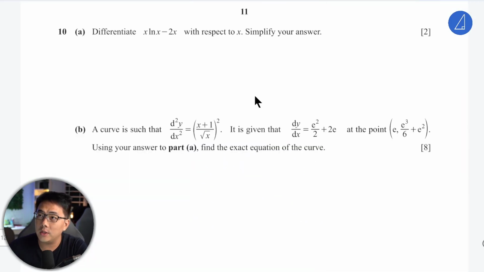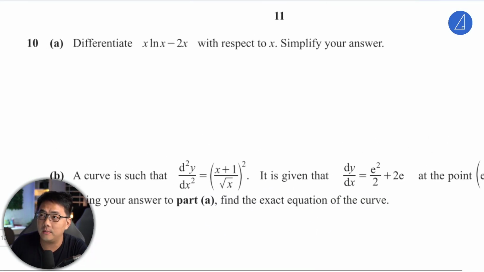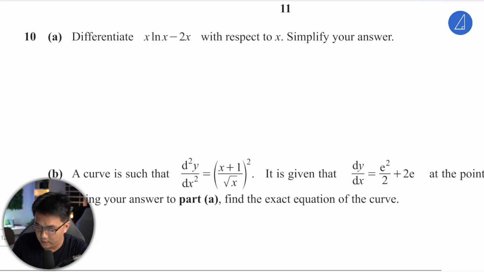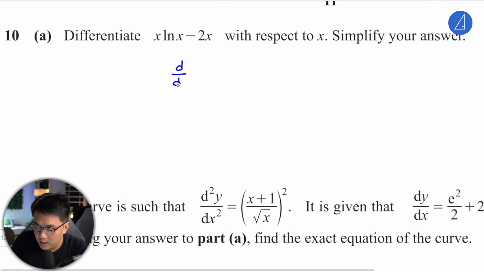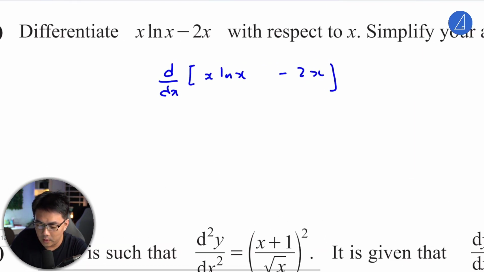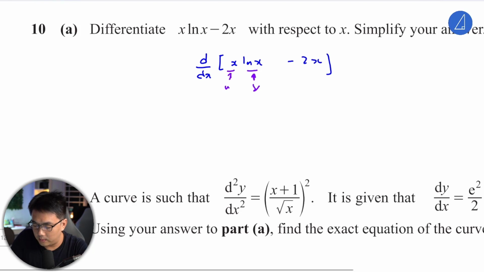So let's look at this question here. Differentiate x ln x minus 2x with respect to x, simplifying your answer. So I think it's pretty okay. The first thing is just to do a product rule for the x ln x here. I'm going to group it up for you. This is my u, this is my v. Essentially, keep the one on the left, so u, differentiate the one on the right, then keep the one on the right, differentiate the one on the left, then minus 2, right?